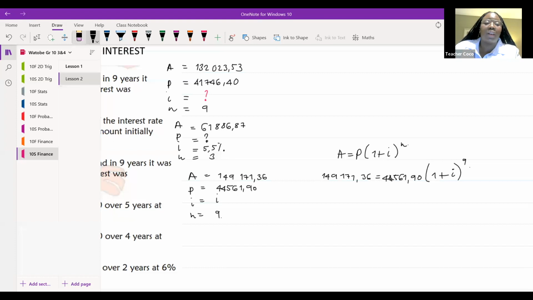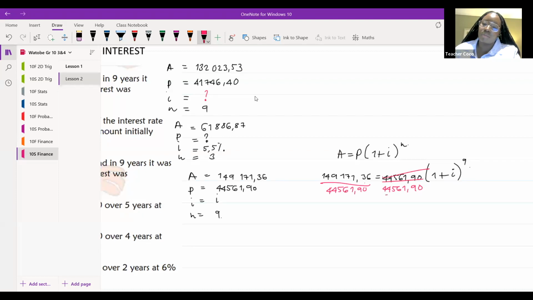Okay, good. Now let's rearrange. What's the first thing we're going to do, Offense? We're going to divide by 44,561.90. Good. Keep going. Both sides. Good.